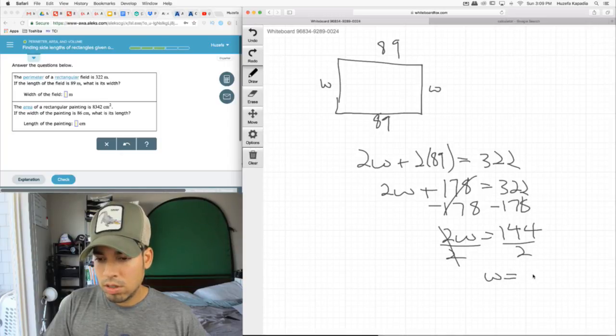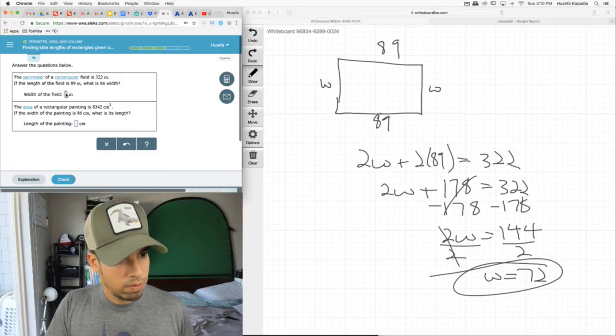W equals 72. Right? Let's make sure that's right. 72, 144, 322. 72, yeah. There we go.